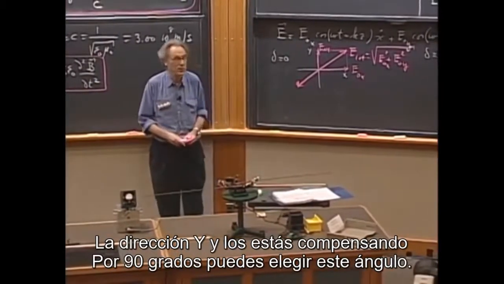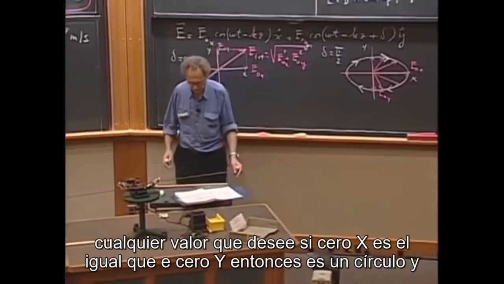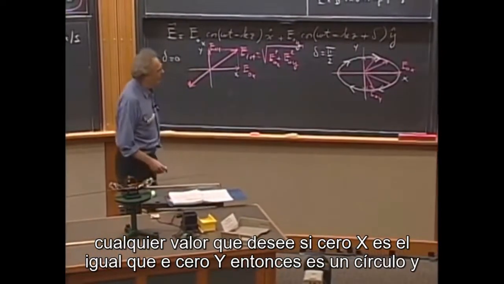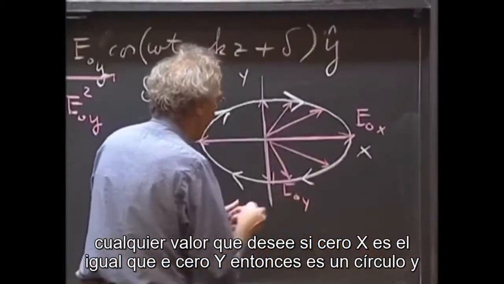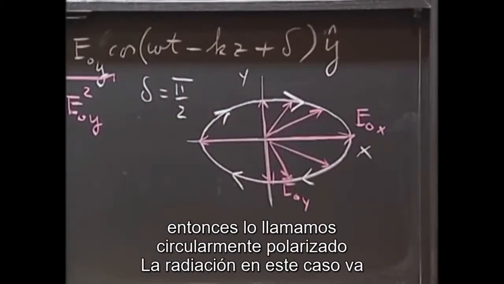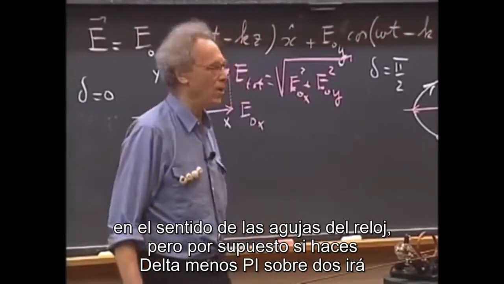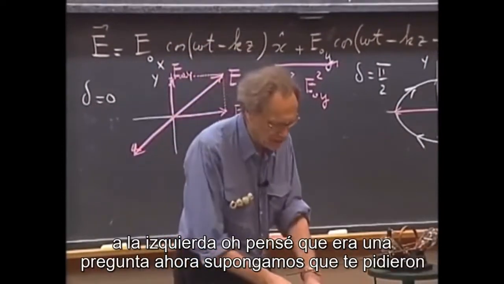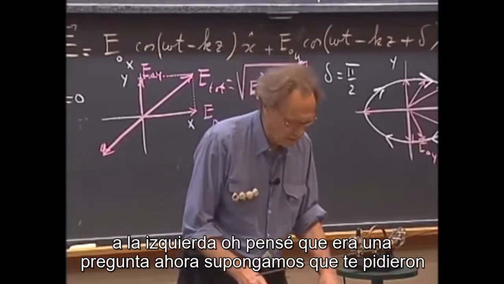You have one component in the x direction, another in the y direction, and you offset them by 90 degrees. You can choose this angle any value you want to. If E0x is the same as E0y, then it's a circle. And then we call it circularly polarized radiation. In this case, it's going clockwise, but of course, if you make delta minus pi over 2, it will go counterclockwise.